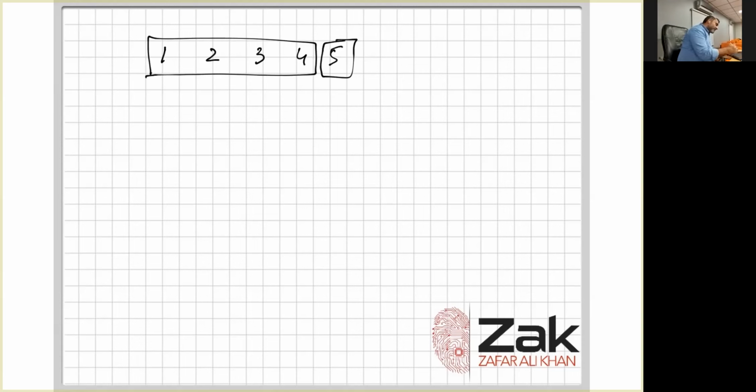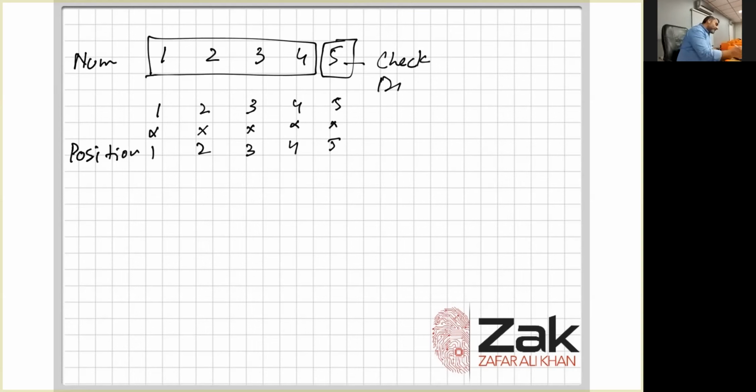So let's multiply 1 by 1, 2 by 2, 3 by 3 and 4 will be multiplied by 4, and 5 will be multiplied by 5. If this is the correct check digit, then the modulo of this must be 0.